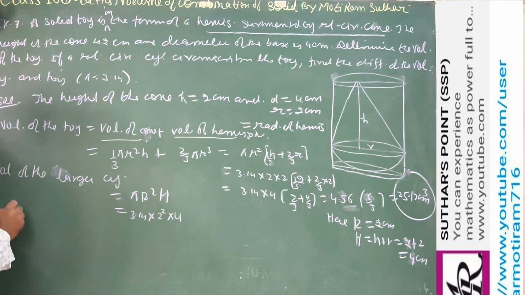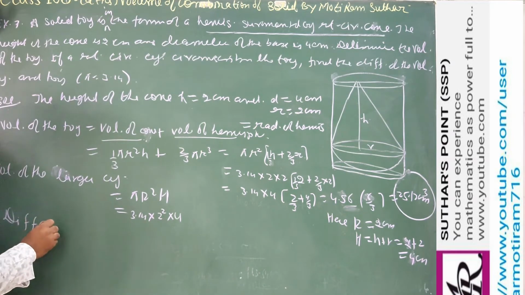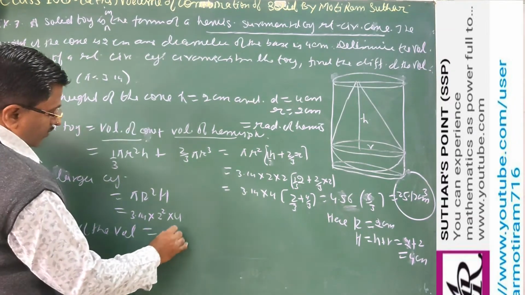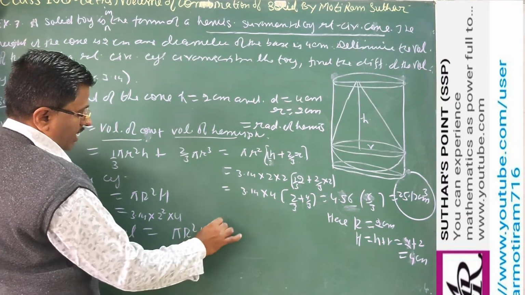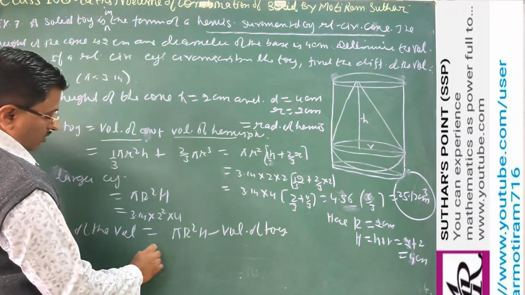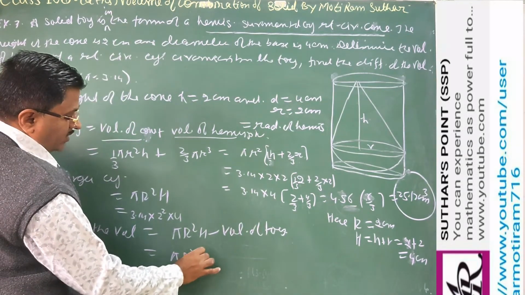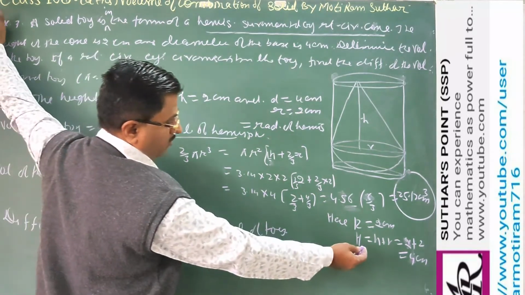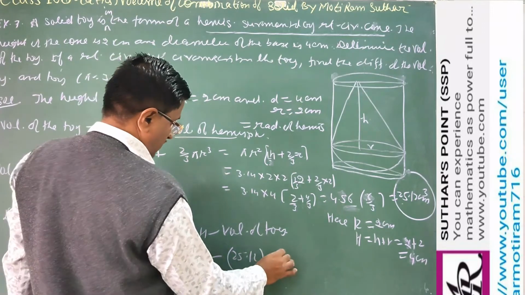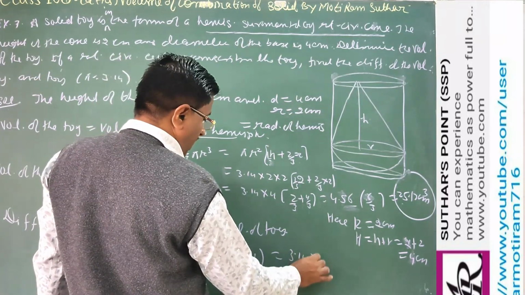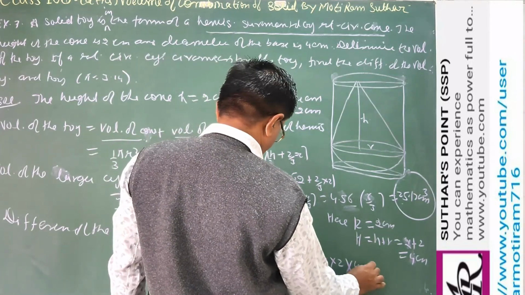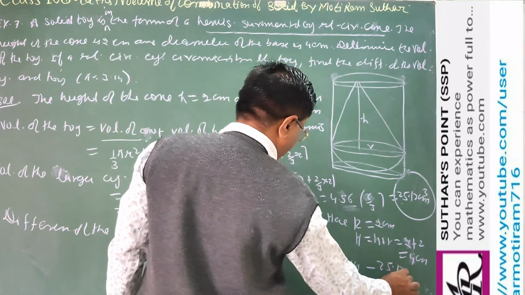Now directly find the difference of the volumes. That is volume of the cylinder minus volume of the toy. Volume of the cylinder is pi r square h, minus volume of the toy we have already calculated, that is 25.12. So 3.14 with r as 2 and h as 4, minus 25.12.